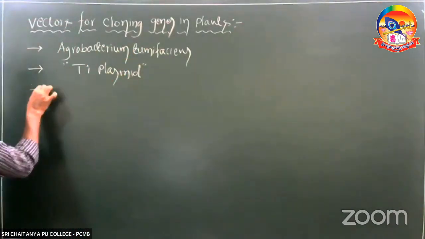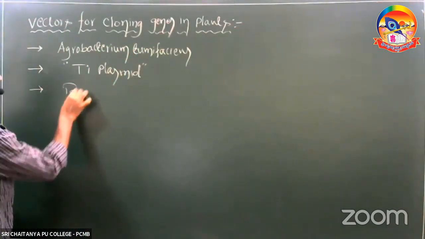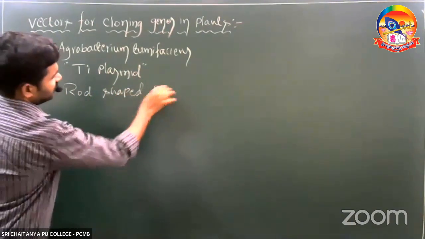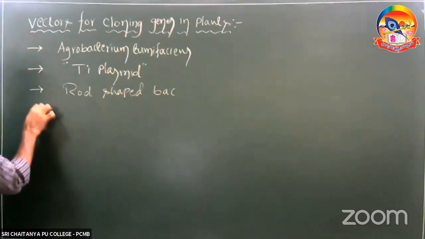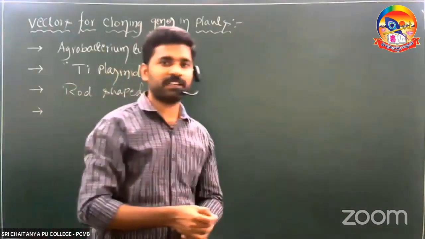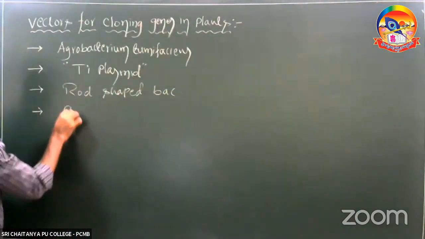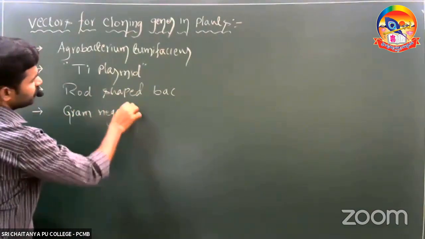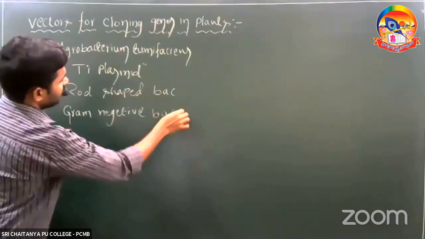What is the shape of this bacteria? It is a rod shaped bacteria. Is it gram positive or gram negative? It is a gram negative bacteria.